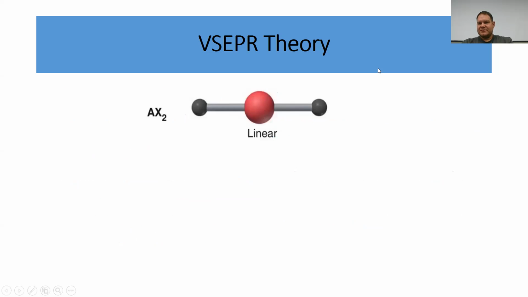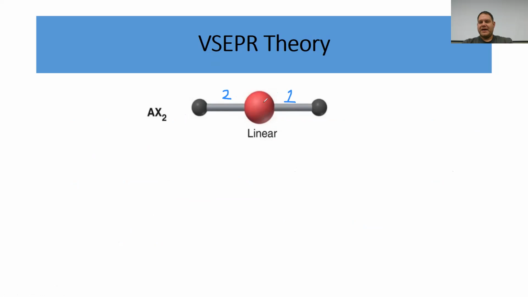The first molecule that we're going to look at, if we count the number of domains, there's only going to be 2 domains. 1 domain here and 2 domains there. This is our central atom in red. Now, because of 2 domains, those 2 domains want to get as far away from each other as possible, remember?